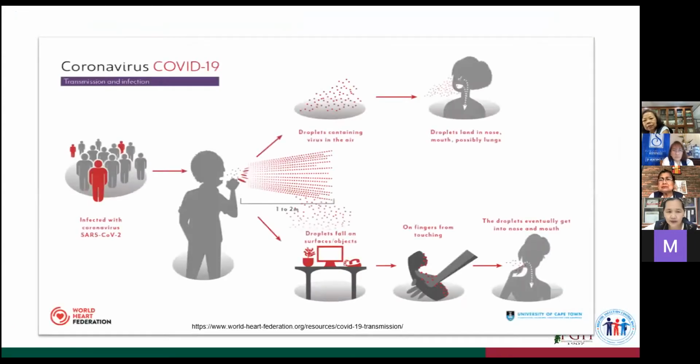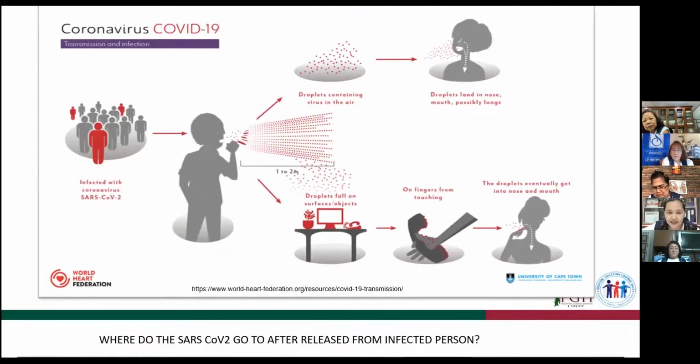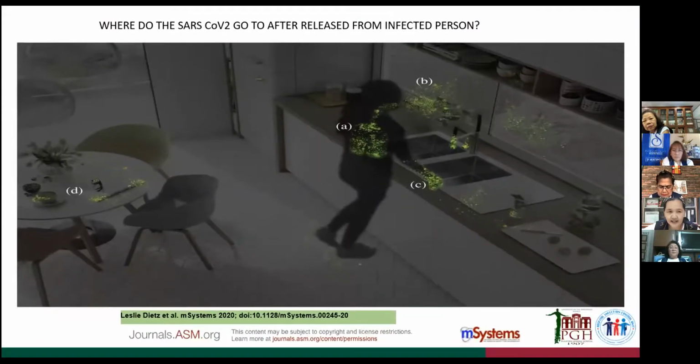So again, it's mainly, while there are many other ways, it's mainly through this close interaction. No? So ibig sabihin, try natin na we are not exposed to this possibilities of getting infected. There's also a small involvement or addition of the environment.